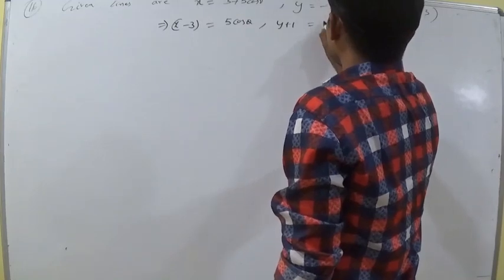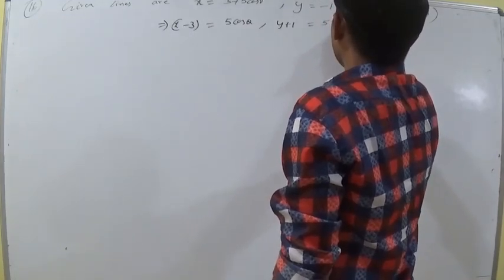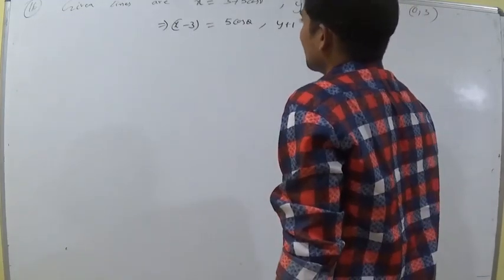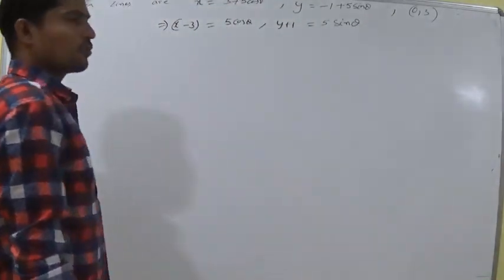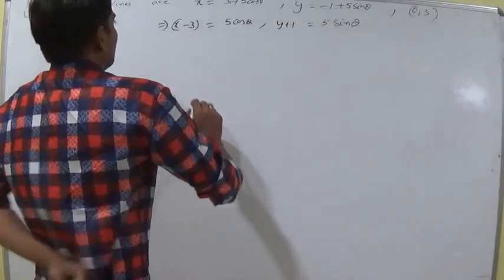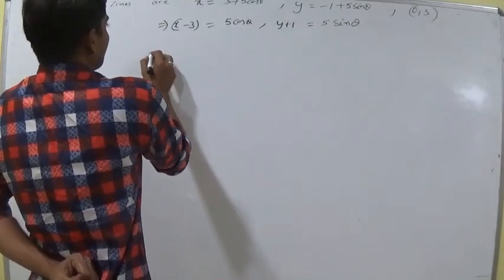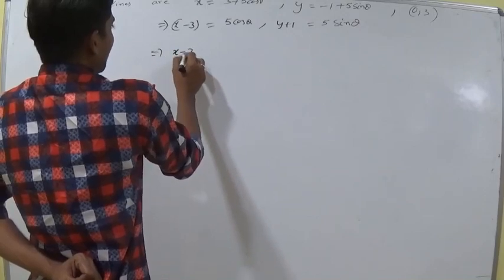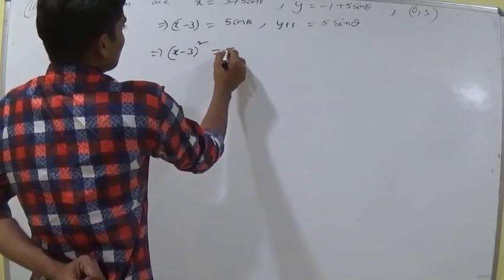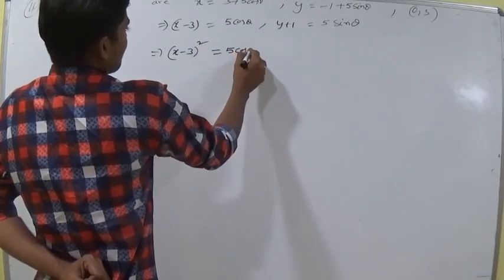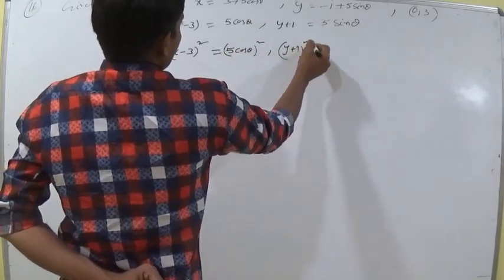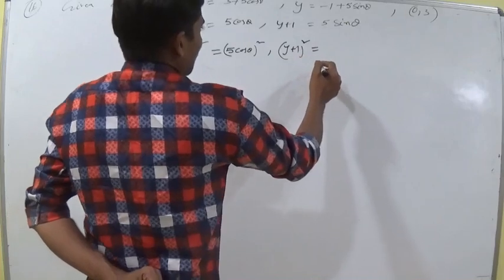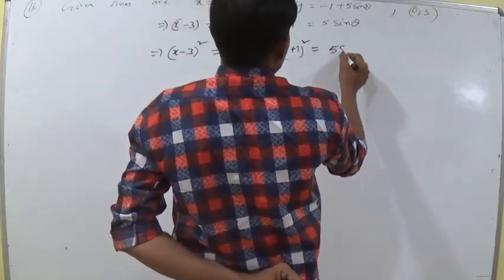Now squaring on both sides of the two lines, x minus 3 whole square equals 5 cos theta whole square, y plus 1 whole square equals 5 sin theta whole square.